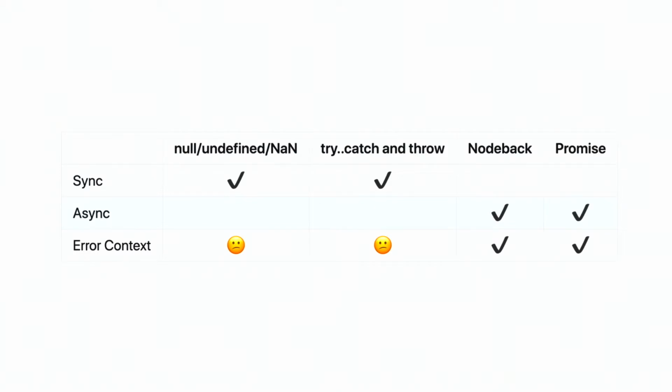Try catch is also always sync. It does not really help us with async stuff. And try catch sometimes provides us context. Same case here. But if we look at nodeback and promise, those work really nice. They give us an actual error where you can have full control, whether you're an implementer of a library that throws errors or no matter what you use, promises or nodebacks, they're all fine.